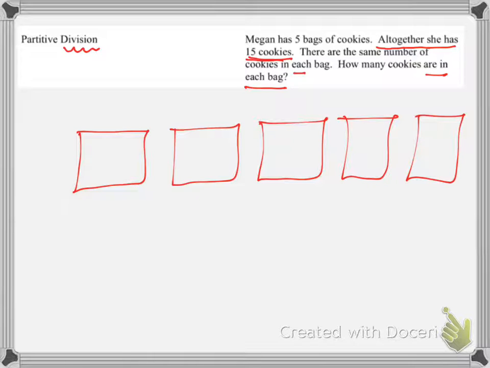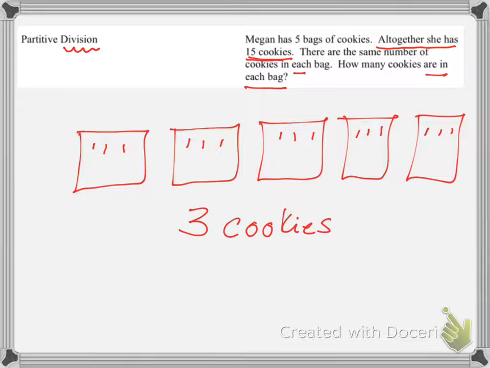And we're going to split up 15 cookies. 1, 2, 3, 4, 5. 1, 2, 3, 4, 5. And that so far is 10. 1, 2, 3, 4, 5. Now we have 15 cookies. So how many cookies are in each bag? We've got 3 cookies in each bag.